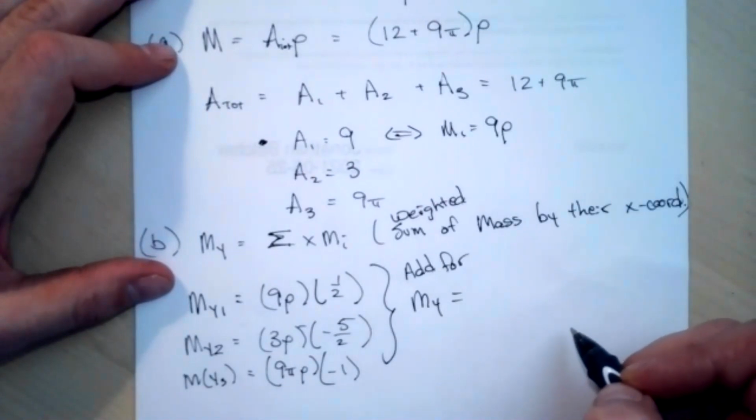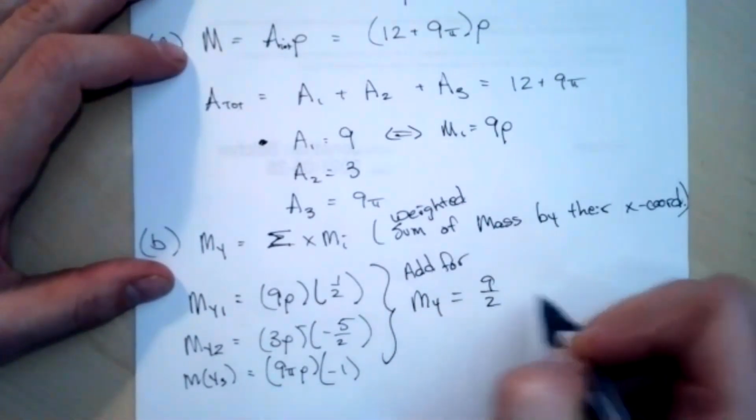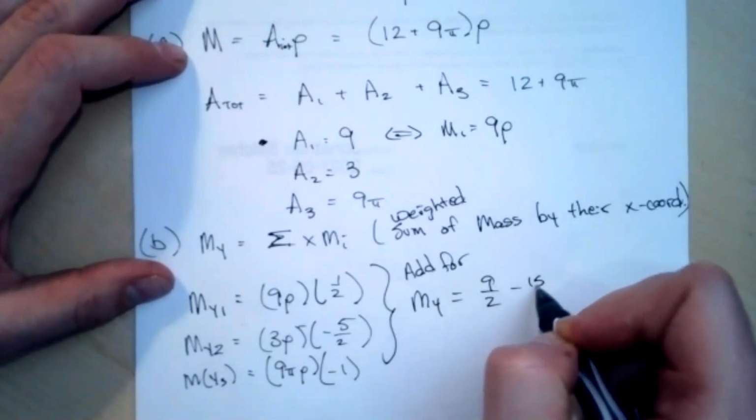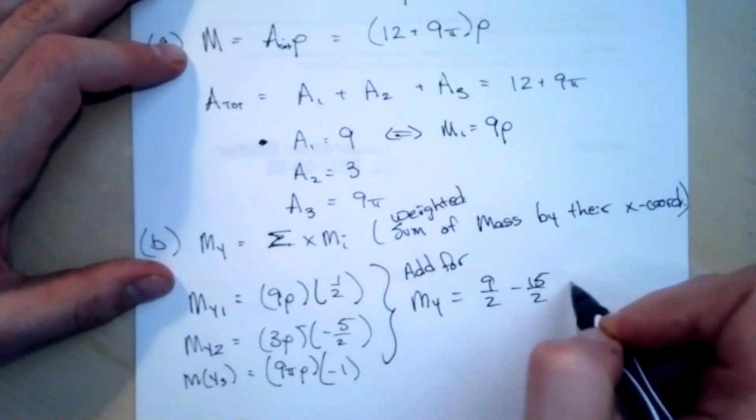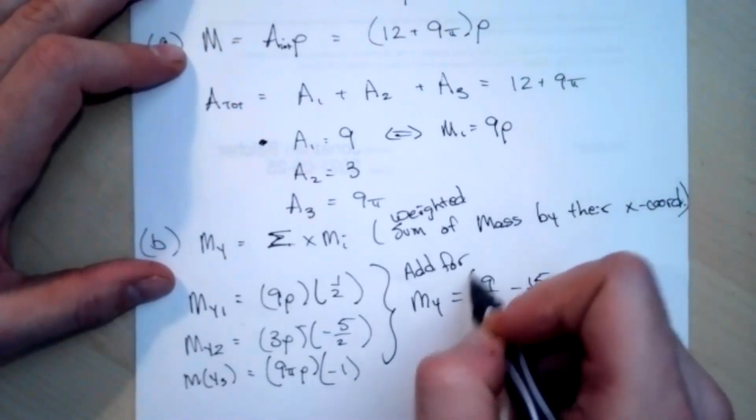So it's going to look like a mess. What are we going to get? 9/2 minus 15/2 minus 9 pi.